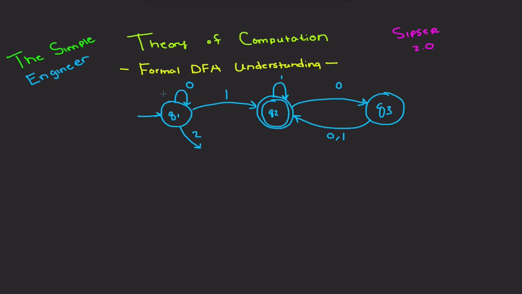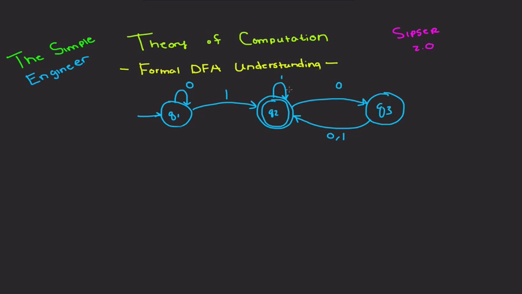You can't not have that transition represented. In this case, 0 and 1 are the only 2 characters that exist within my alphabet, and there's a transition out of each node for 0 and 1. So 0 and 1 here for Q1, we have a 1 here and a 0 here for Q2, and we have a 0 and a 1 here for Q3. So we've satisfied that requirement.